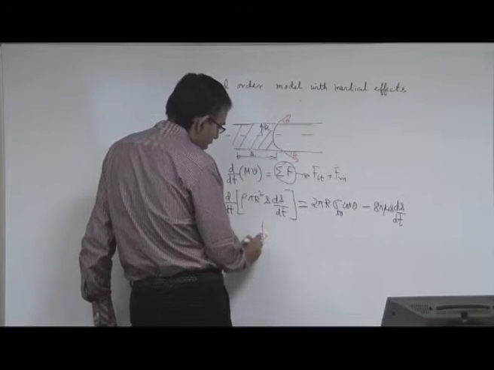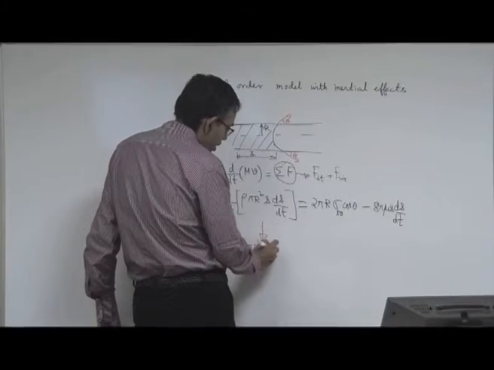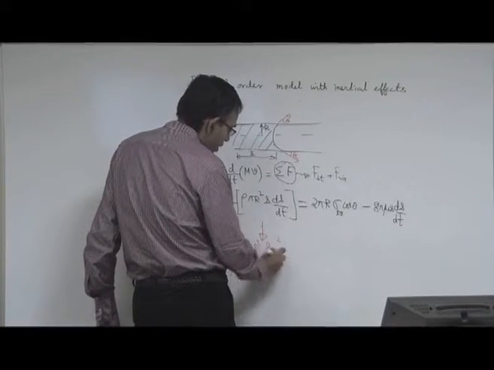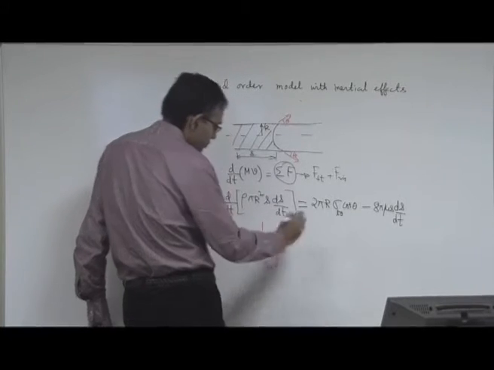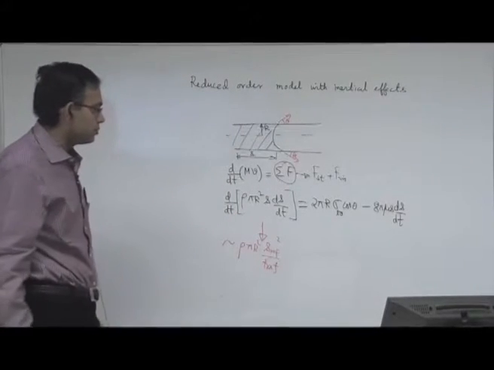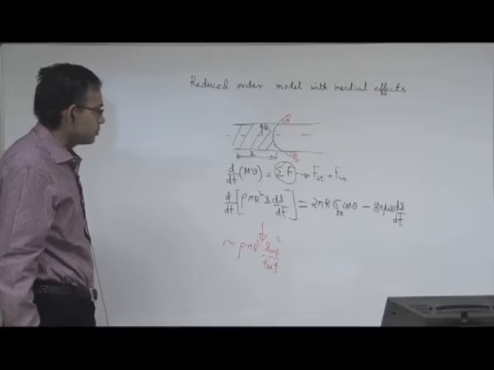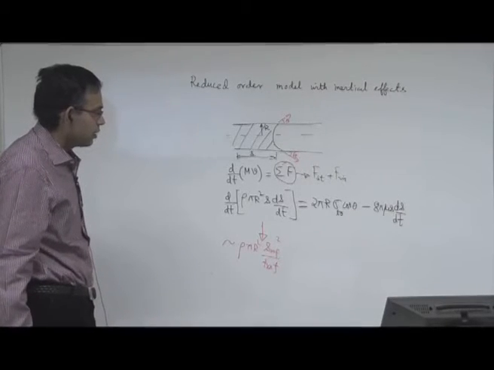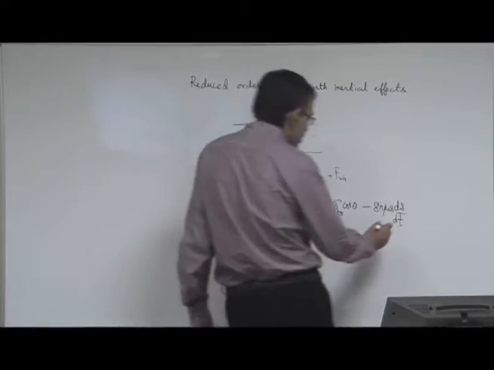Rho pi r square S ref square by T ref square. And what is the order of this?